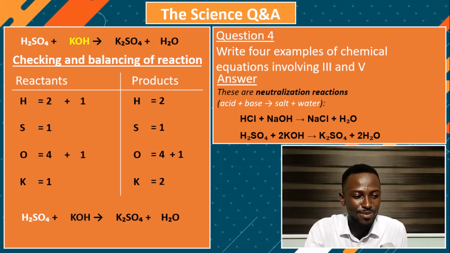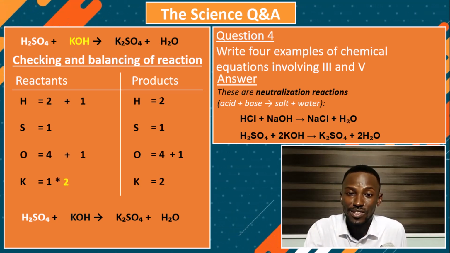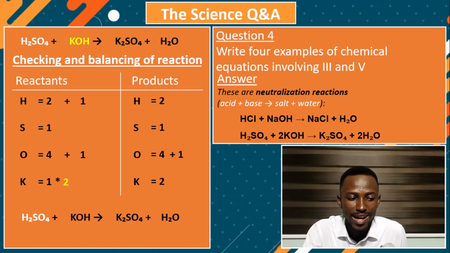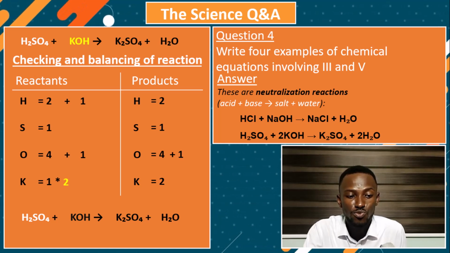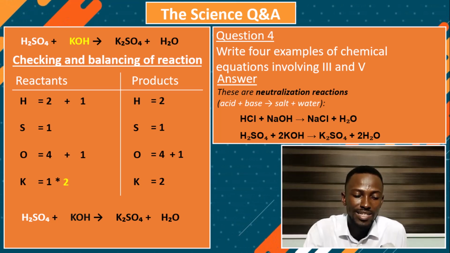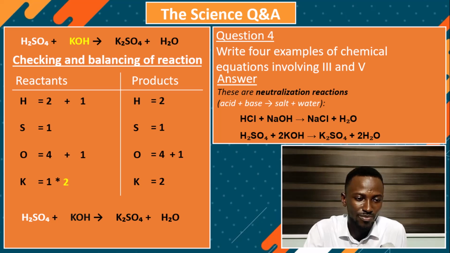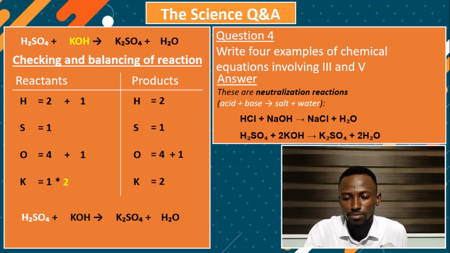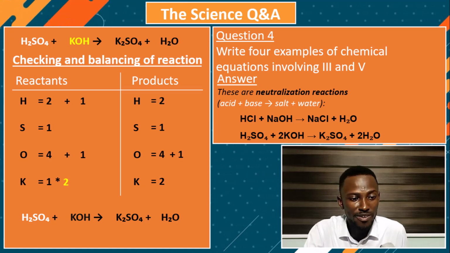So what does that mean? We just pick the 1 for the potassium and multiply it by 2. So 1 times 2 gives us 2. Now you see that the potassium at the reactant side is equal to the potassium at the product side. I told you it would be very easy. So the first obstacle is out of the way.